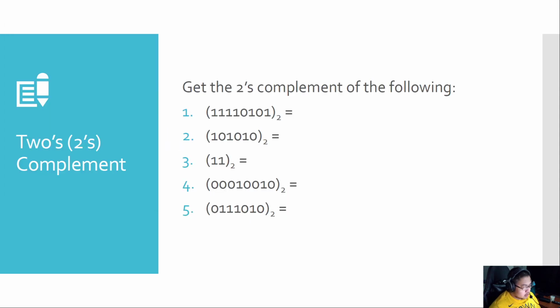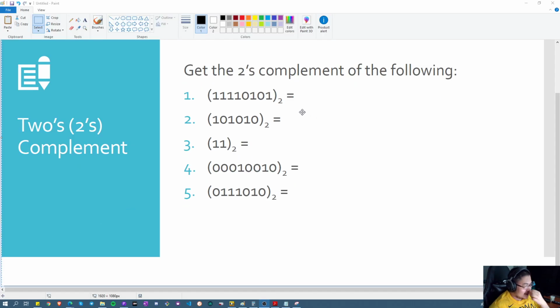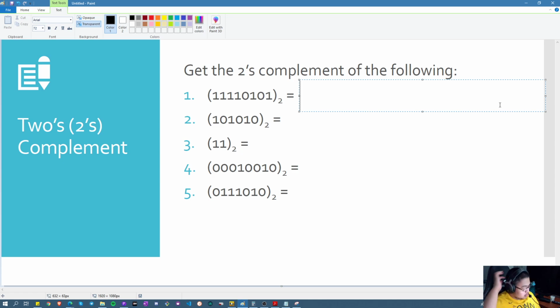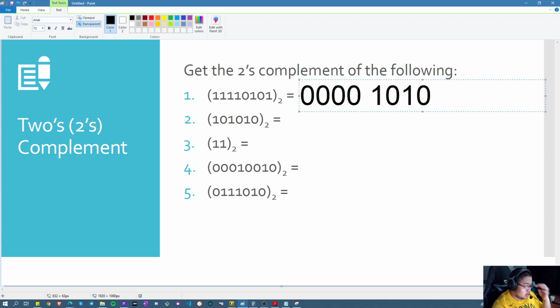So now let's try getting the two's complement of the following example. I'll do the first parts for you, and then the rest you do on your own. So now we have this. Again, let's first convert it to one's complement. The one's complement of this is just invert all of it. So this is 0, 0, 0, 0, then 1, 0, 1, 0. So let's add 1 again, so this becomes 1.